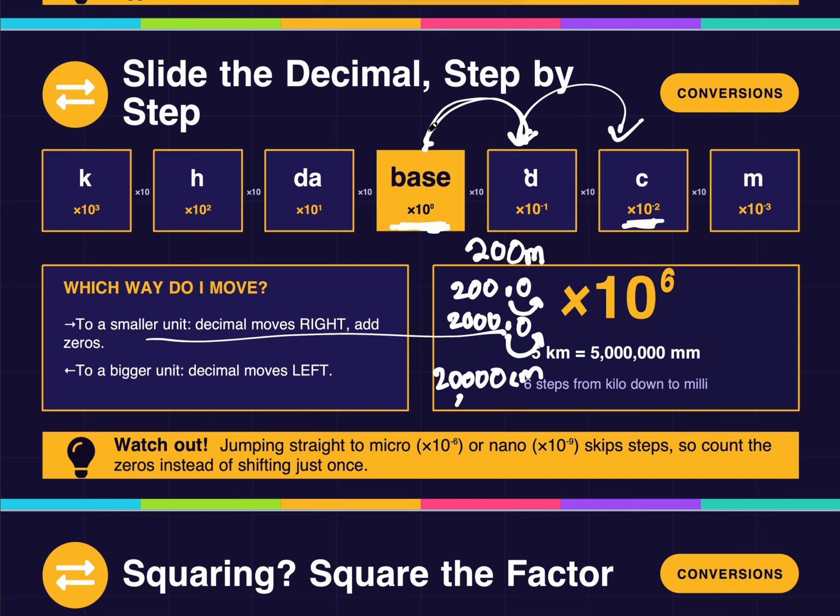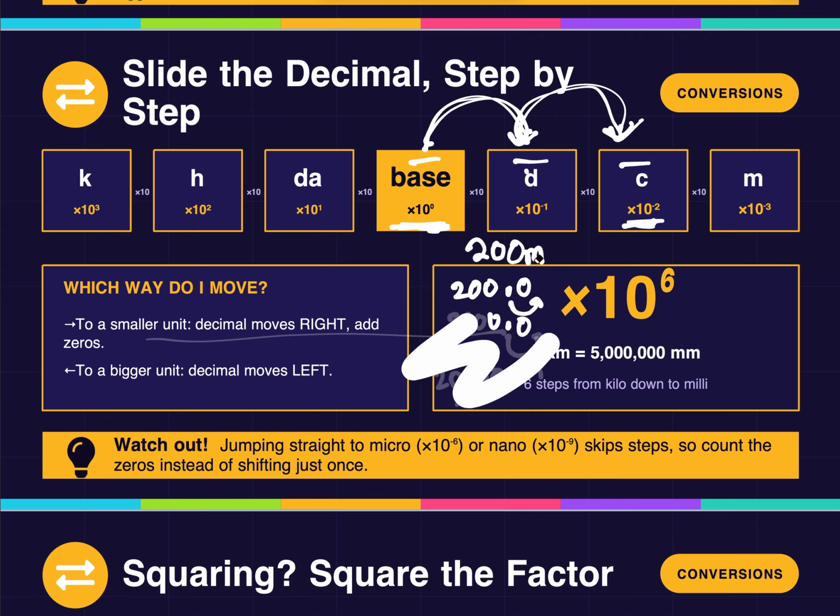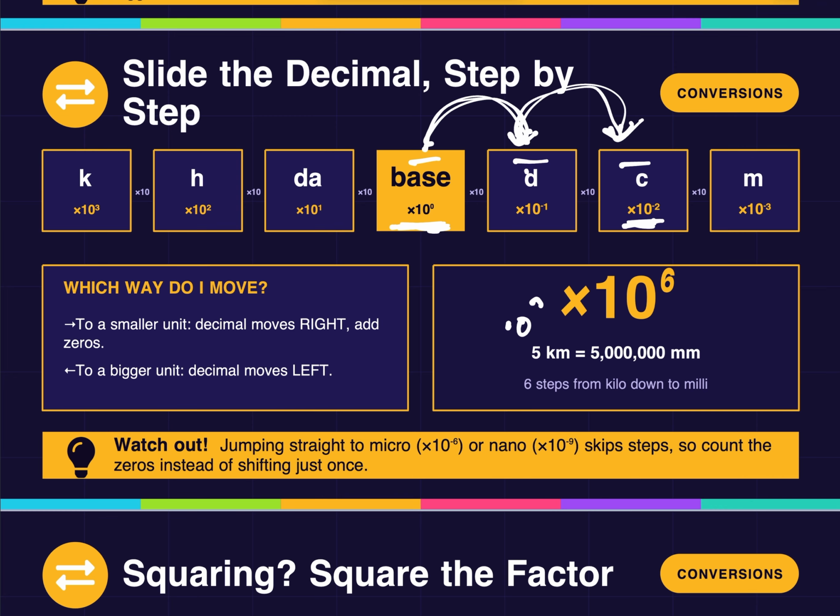Because I have to count how many orders of magnitude or how many tens they are apart from each other. Okay? So, since there are 2 tens apart, or 2 orders of magnitude apart, I would multiply it by 100, because it's times 10 times 10.